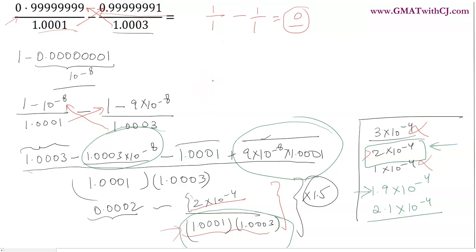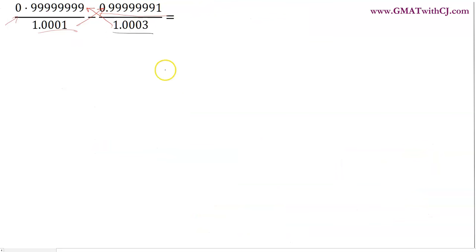I would also want to share here another way in which one of my students actually did this. Let me clear this all up then. The way in which one of my students did this question is, he could notice that the only difference between these two numbers in the numerator is this: there is a 9 here and there is a 1 here. What if I open this number?